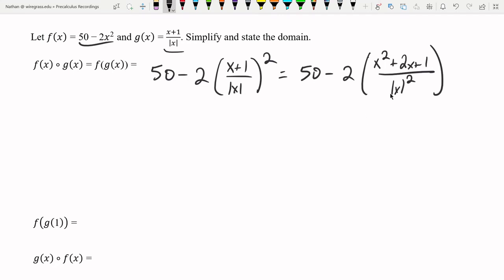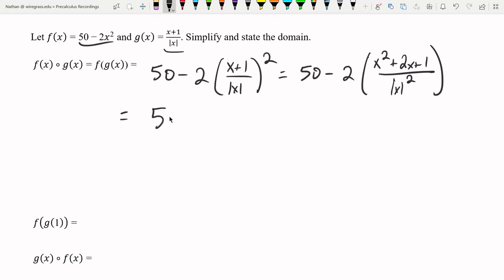Interestingly enough, we don't need the absolute value here. It doesn't matter if it's negative or positive. This will always be positive, so it doesn't actually mean anything here. Any value of x that we chose will always be positive, so there's no real reason to have that. But we'll just leave it in there for a moment and see.